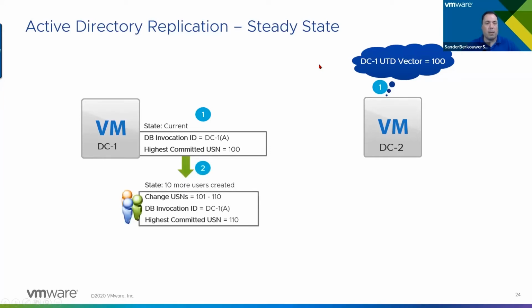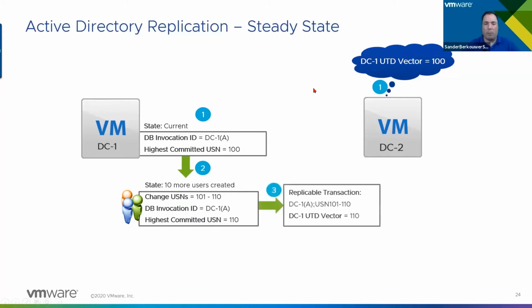So if I create 10 more users, what we'll see is that the USNs are updated. And when we replicate, we will see that those users are updated, and the up-to-dateness vector is actually updated to 110, right there on the top right corner. When we create a snapshot, then that's not a problem.